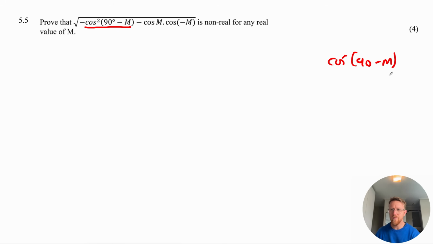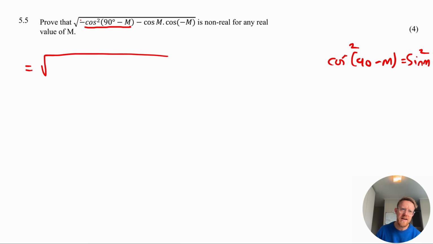That is a cofunction, which you should know that there are 4 different cofunctions, right? And that one there becomes sin m. So if we then just have a square, then it just becomes sin squared m. So that's where I would start.